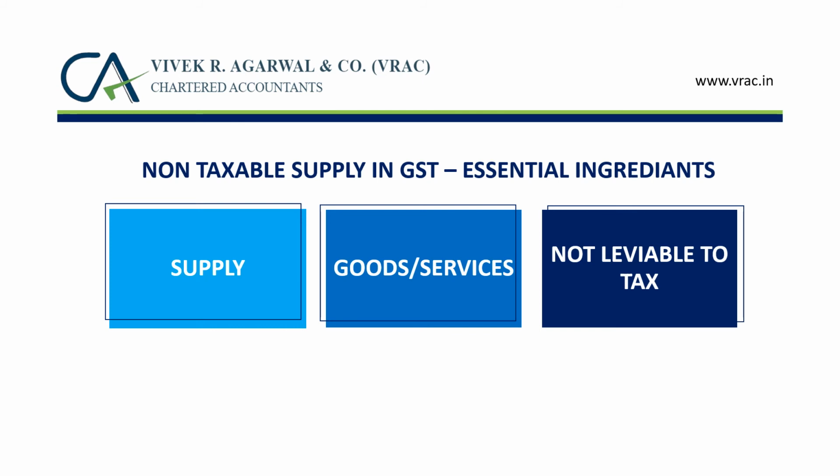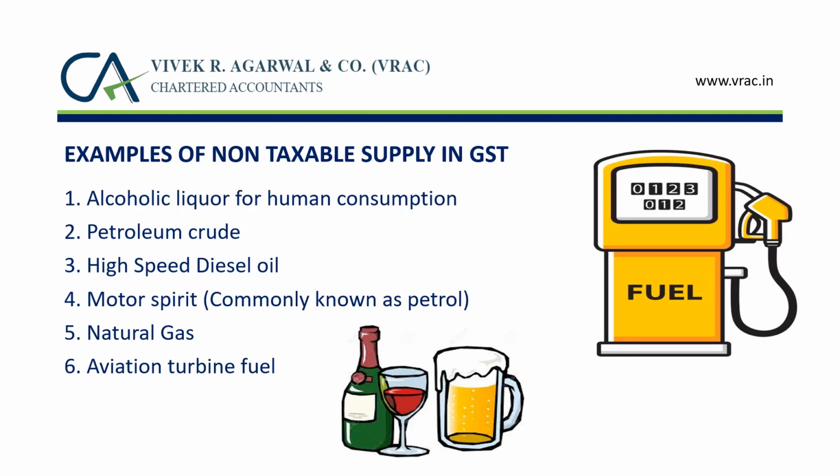Fulfillment of all the essential ingredients will be a non-taxable supply under GST. Examples of non-taxable supply are alcoholic liquor for human consumption, petroleum crude, high-speed diesel oil, or motor spirit, commonly known as petrol, or natural gas, or aviation turbine fuel.